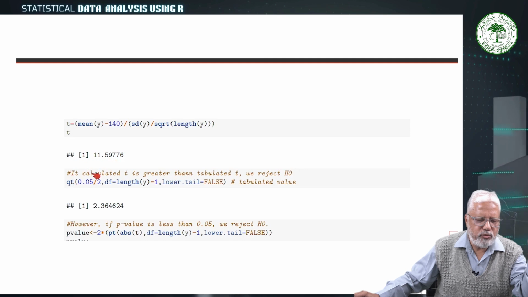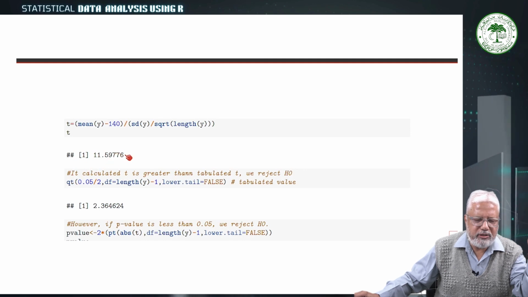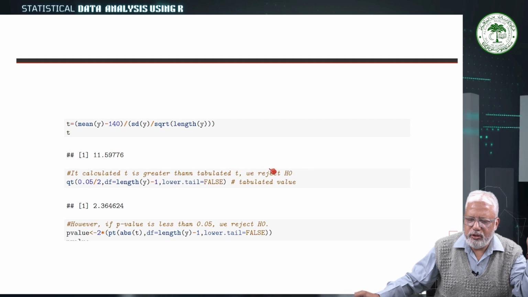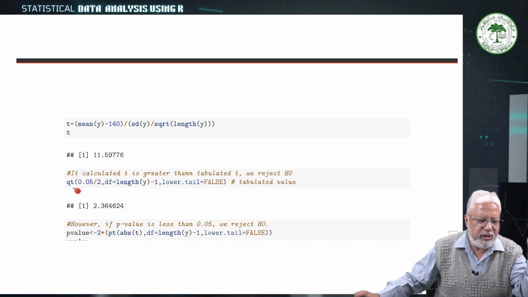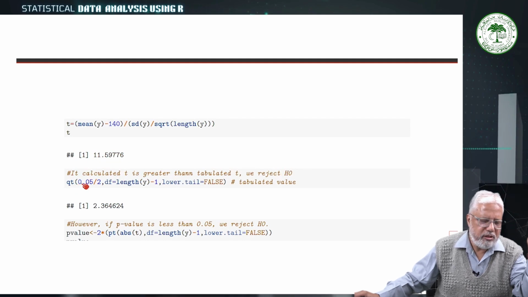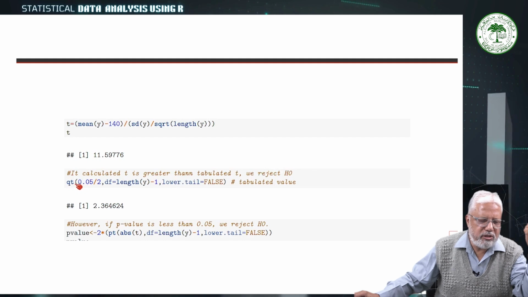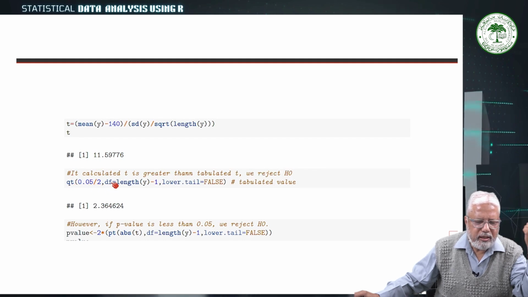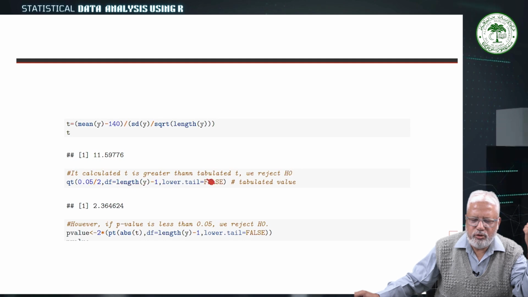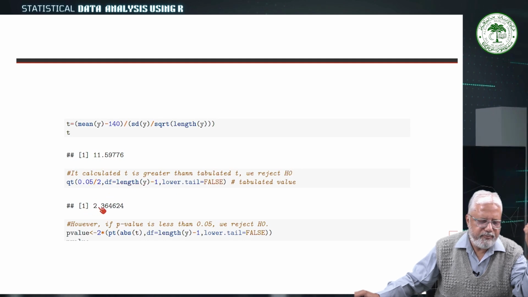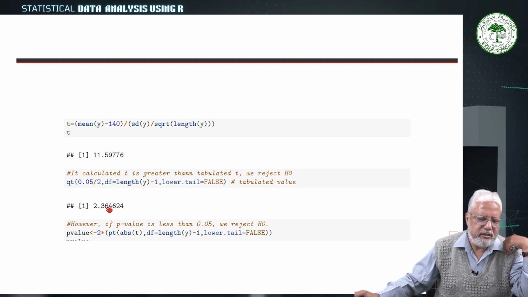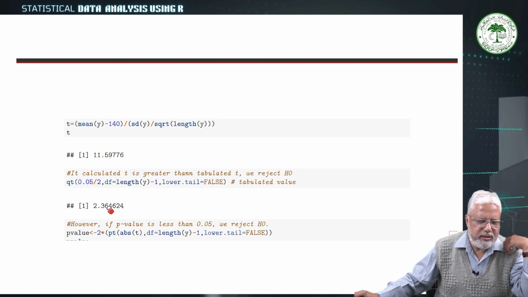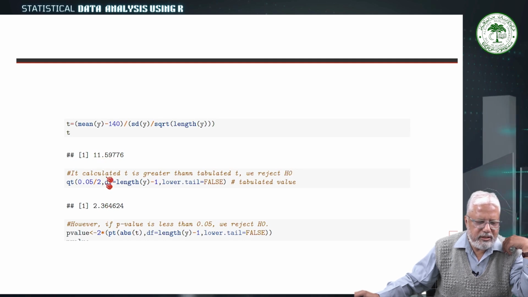This calculated value is greater than the tabulated value, hence we reject H naught, because our tabulated value is qt, not qnorm, qt of 0.05 by 2, df equal to length of y minus 1, lower.tail equal to FALSE. It comes out 2.36, and 11.59 is much greater than 2.36. Hence we reject H naught.